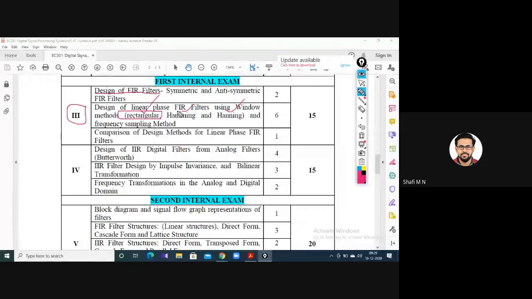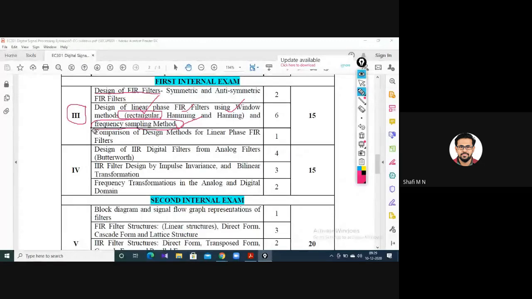And the last one is the frequency sampling method. The main advantage of this particular method is that you sample the frequency response just before designing.